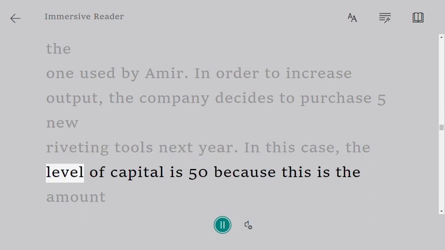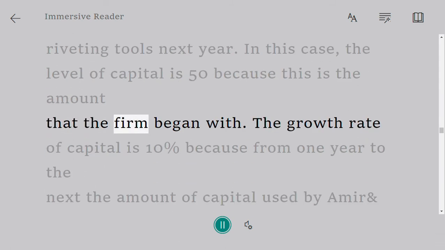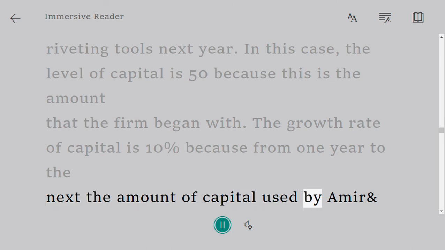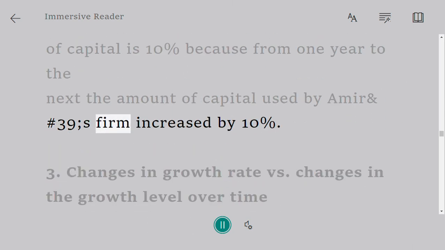In this case, the level of capital is 50 because this is the amount that the firm began with. The growth rate of capital is 10% because from 1 year to the next the amount of capital used by Amir's firm increased by 10%.